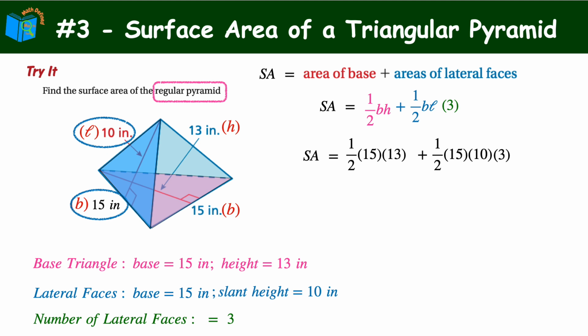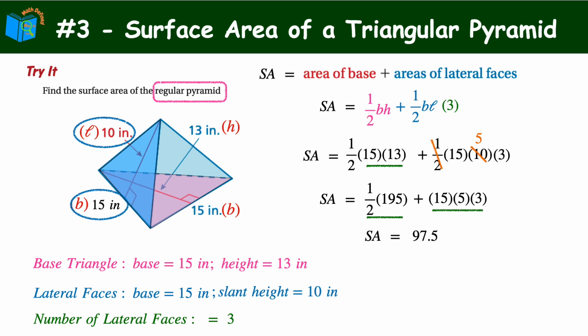Finding 1/2 of 15 or 13 is not really going to make things easier, but simplifying 1/2 of 10 to get 5 will. Okay, so now we'll multiply 15 and 13 to get 195, and then 1/2 of 195 is 97.5. Next, we'll multiply 15 times 5 times 3 to get 225. Adding the two terms together, we get a total surface area of 322.5 square inches.